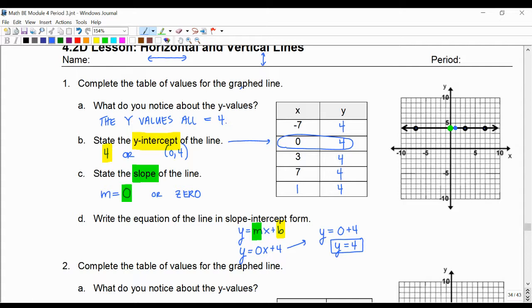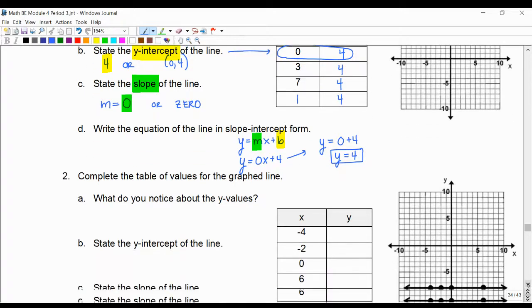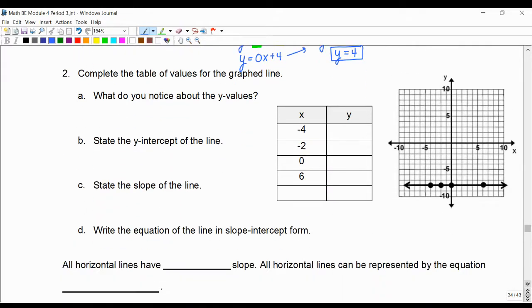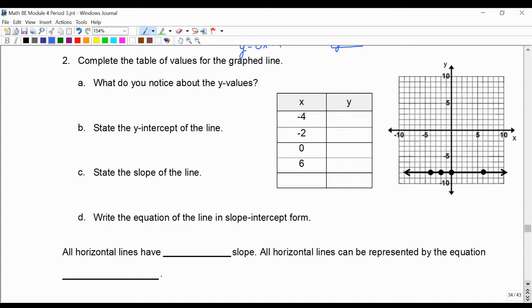We're going to look at another one, number 2. Feel free to pause the video if you want to try number 2 and then check it with the video. We're going to look at another horizontal line, and we're going to do the same thing. So for an x value of -4, the y value is -8.